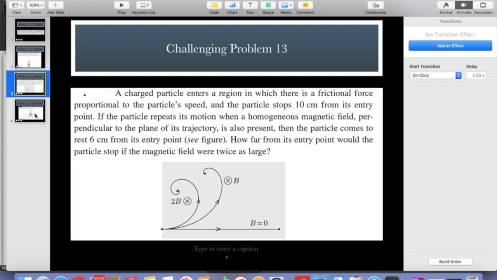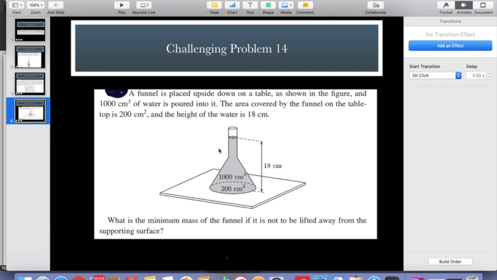Okay, giving you one more challenging problem, especially for the class 11 syllabus. There is a funnel placed upside down on a table as shown in the figure, and 1000 centimeter cube of water is poured into it. The area covered by the funnel on the table is 200 centimeter square and the height of the water is 18 centimeter.